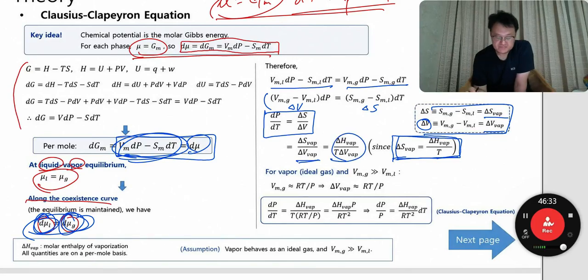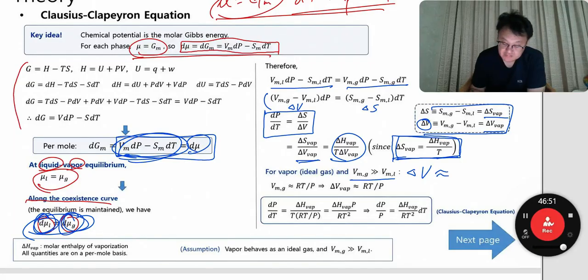Okay, and then what you can do is the following thing. For delta V, that is roughly speaking the V of gas, right?